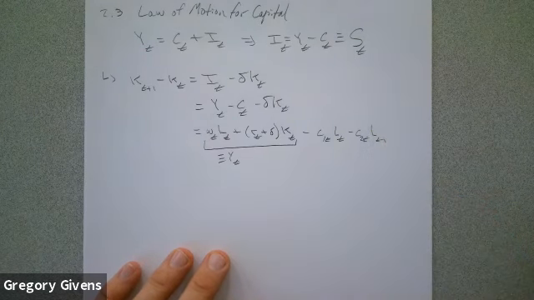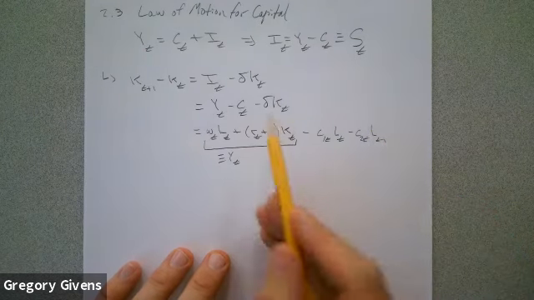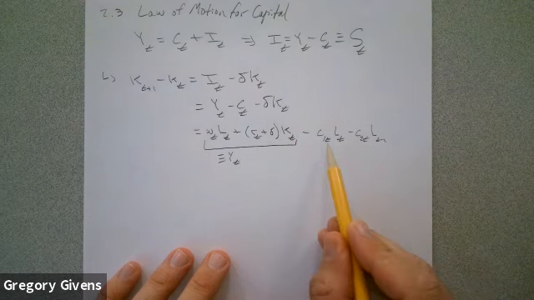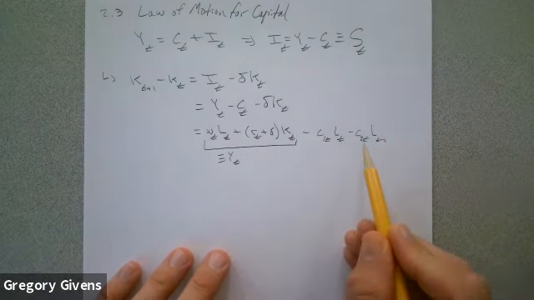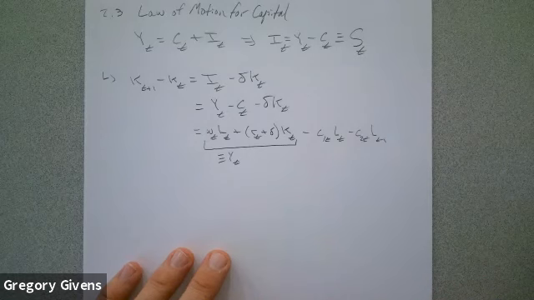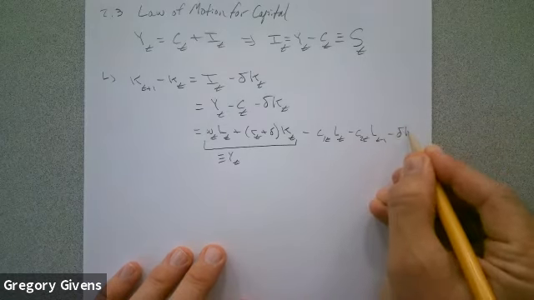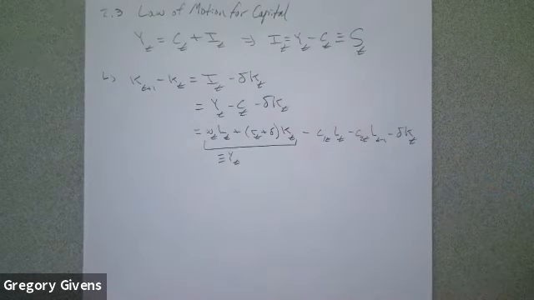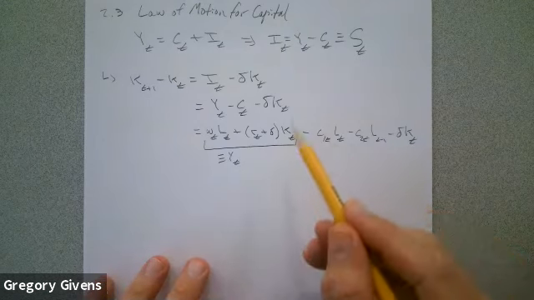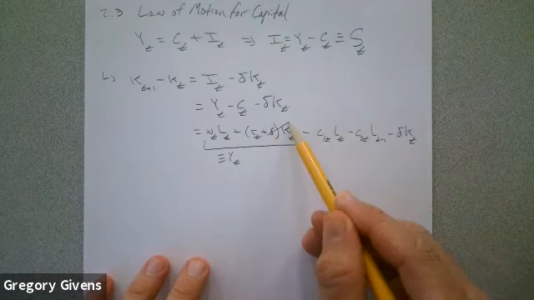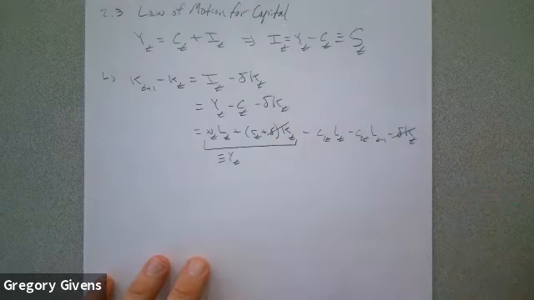L_{t-1}. So aggregate consumption is C1_t times L_t plus C2_t times L_{t-1}. And then we have minus depreciation. All right, some of this already cancels. We've got a positive delta K_t and a minus delta K_t.